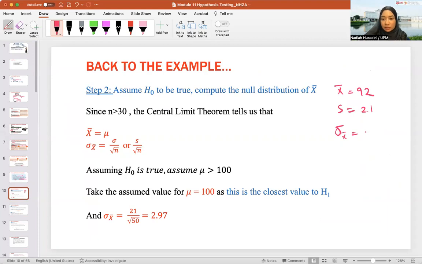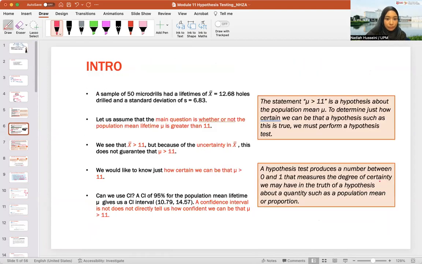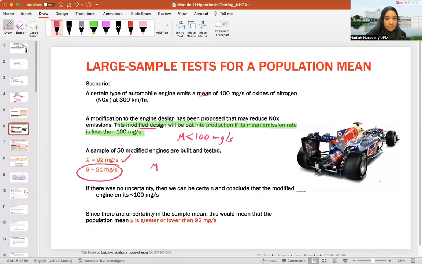It can be either the population standard deviation divided by the square root of the sample size, or we can use S over square root of N. We already have S, so we're going to use 21 over the square root of, what was the value just now? 50. So this is our N.